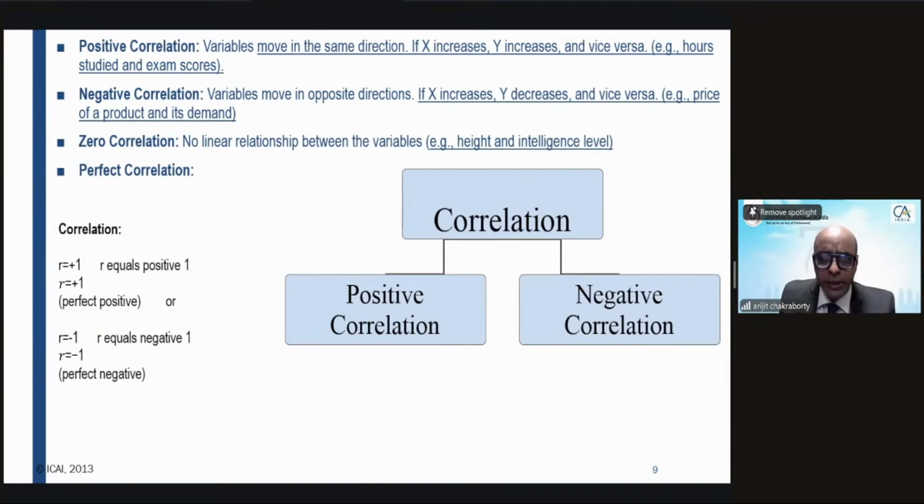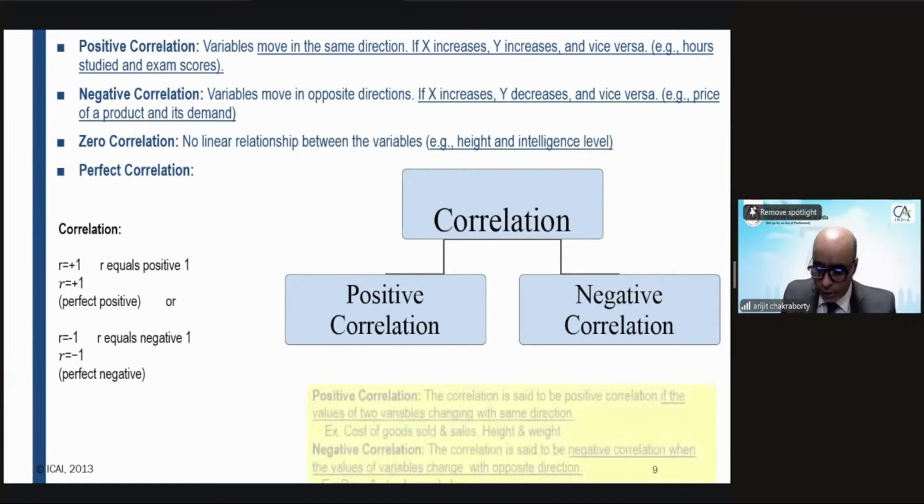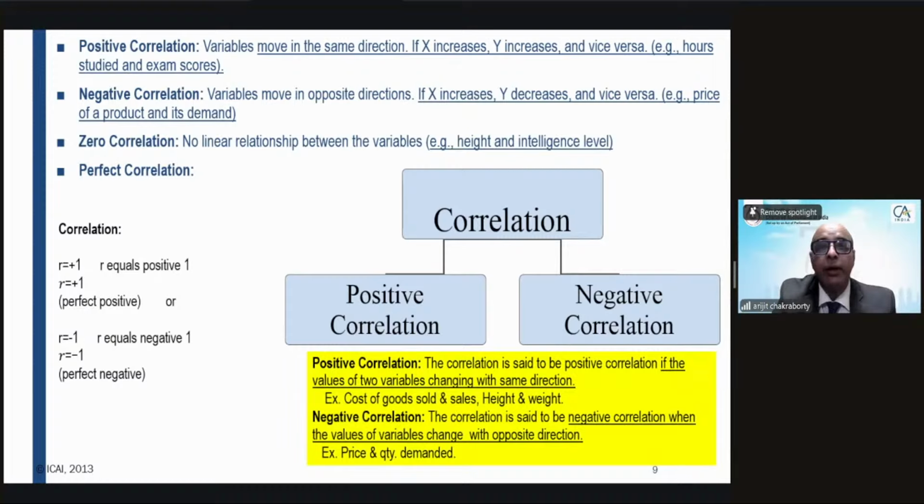These are basic concepts and they are not only important for statistics. You will find it will help you later in CA Intermediate when you are going to learn business strategy, when you will be going deep into financial accounting and financial reporting. So you will find there are relationships between different variables in a company, right?